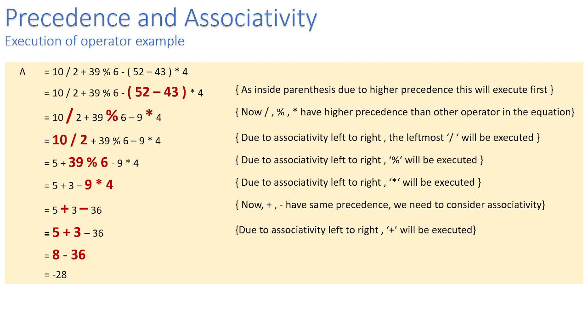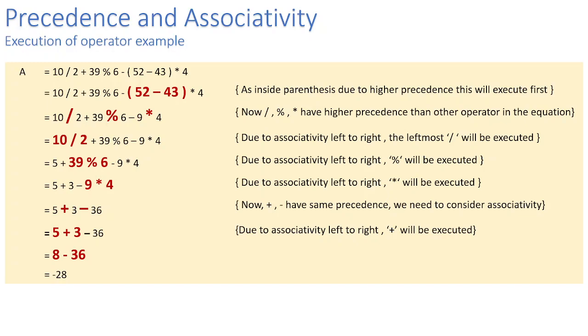Now the equation becomes 5 plus 3 minus 36. Now plus and minus have the same precedence. Again we need to consider associativity. The associativity of arithmetic operators is left to right.